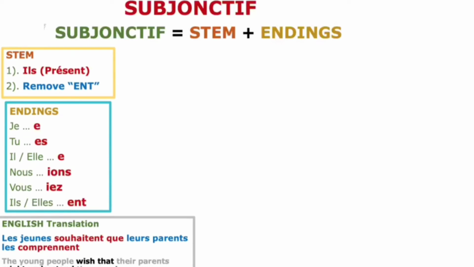So the young people wish that their parents might understand them. So remember that subjunctive is always used after expressions of wish or order or desire, or necessity. These are the expressions. After the expressions we will use the verb in subjunctive.